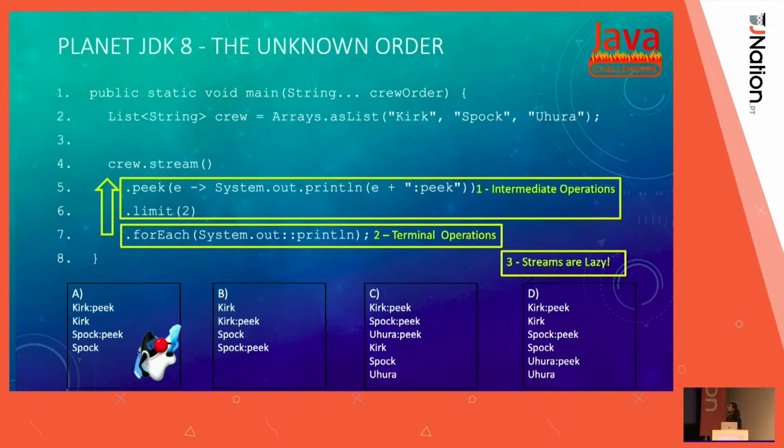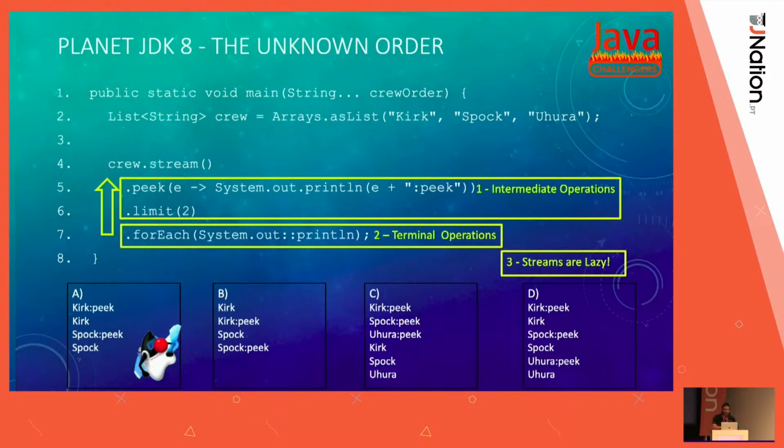A very good example of those methods is forEach and the collect method. Those terminal operation methods are the methods that will retrieve information or effectively do something with the data. Another very important point is that without any terminal operation method, nothing happens. Why? Because streams are lazy.